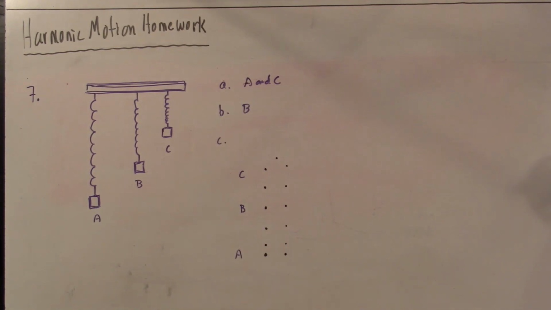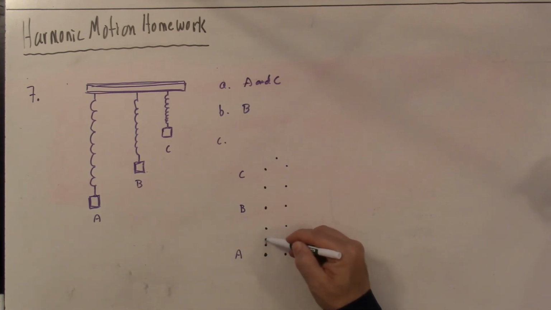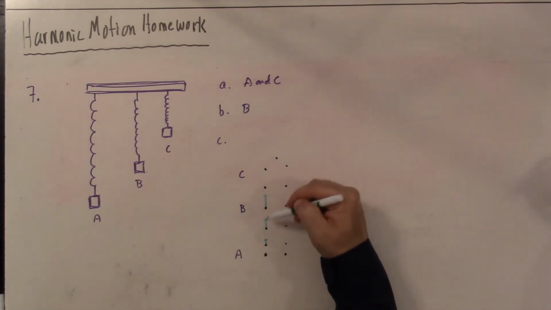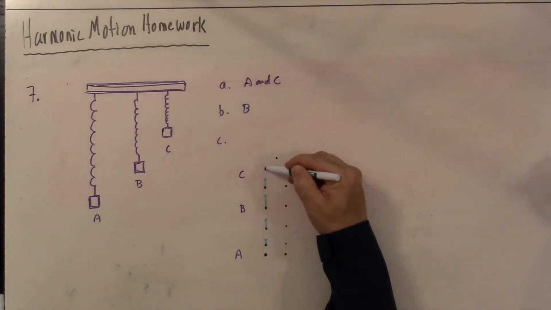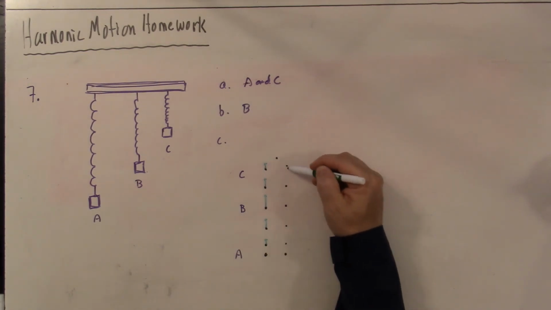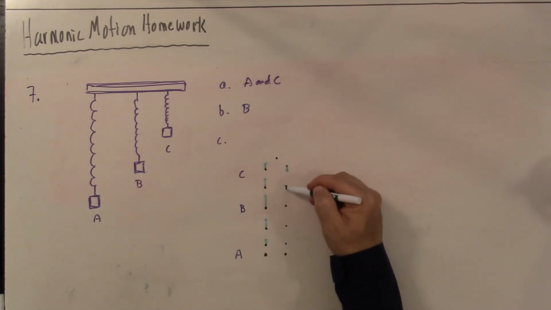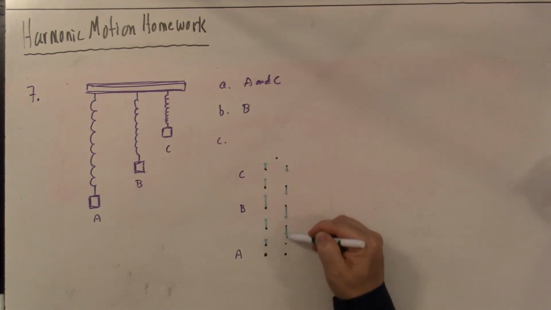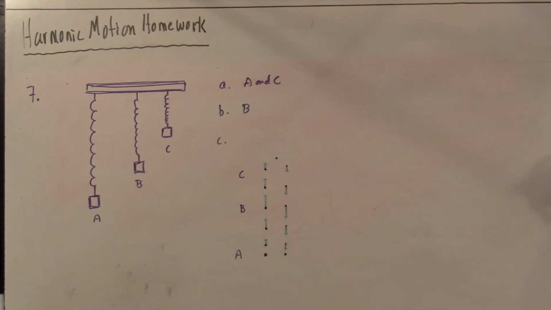It's going to start at A. Now, let me use the green for the velocity. Here it stopped at A, and so it's moving slow, moving faster, moving fastest. And then these two should match. And then stopped again, and now it's going the other direction. And then stopped again.